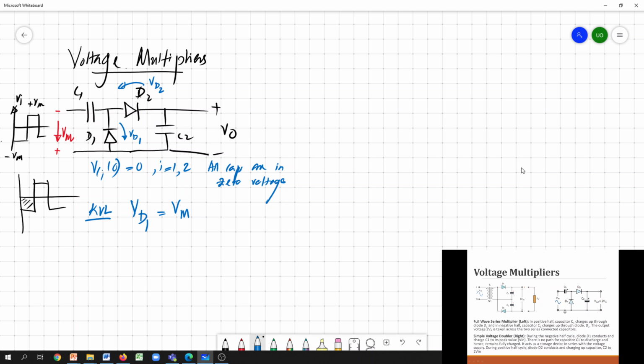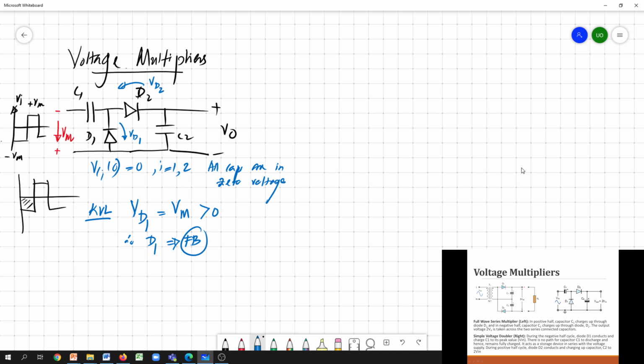So VD1 equals Vm, which is greater than 0. From this, diode 1 should definitely be forward biased, since we apply a positive voltage. Done.